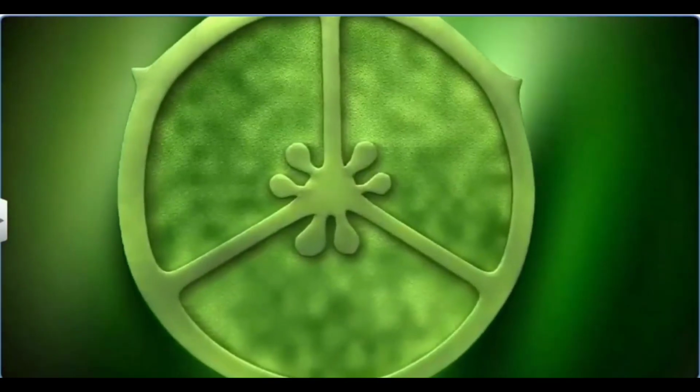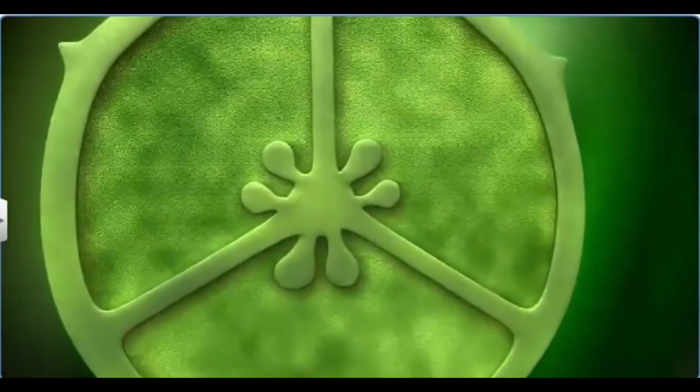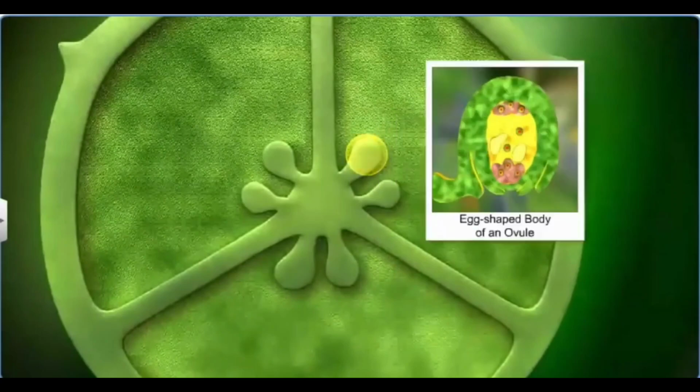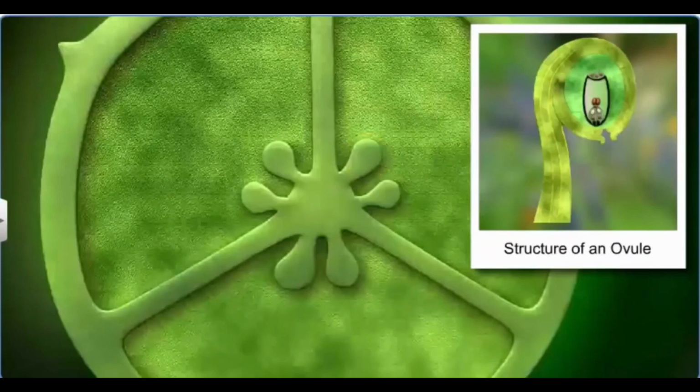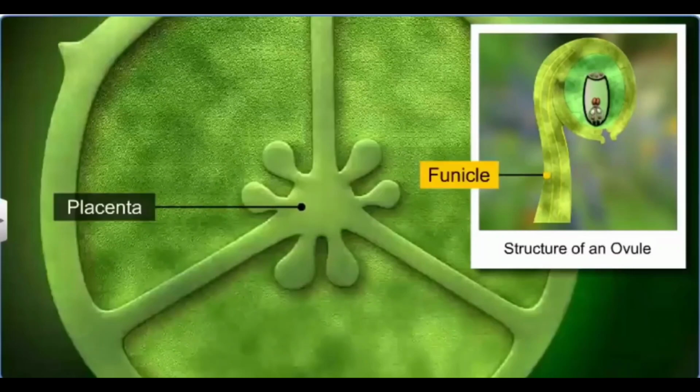The ovule, considered by botanists as the forerunner of the seed, has an oval or egg-shaped body. It remains attached to the placenta by a stalk called the funicle.